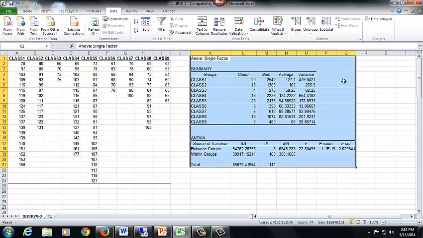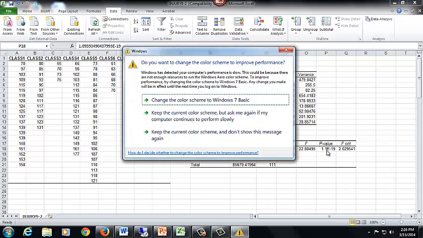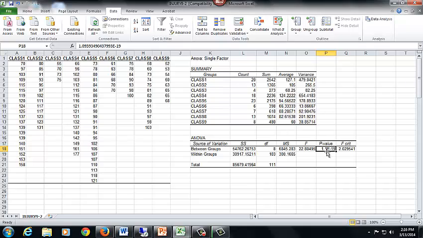All right. Now I will look to this between groups that tests H0, the number of injuries is equal across all 9 classes, and my p-value is definitely less than 0.05. Sorry about that.